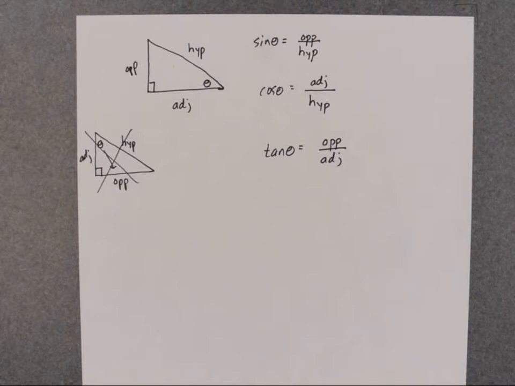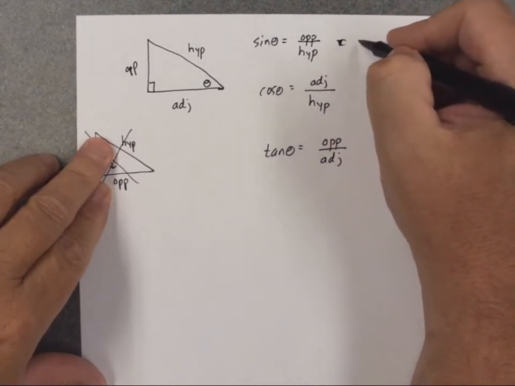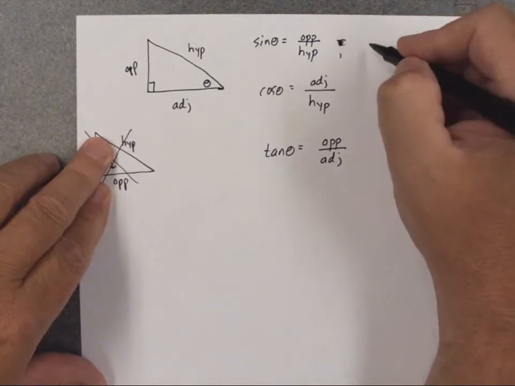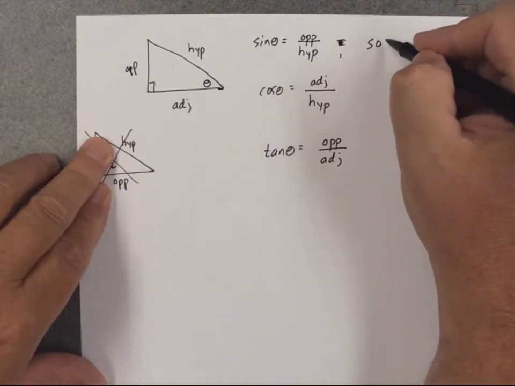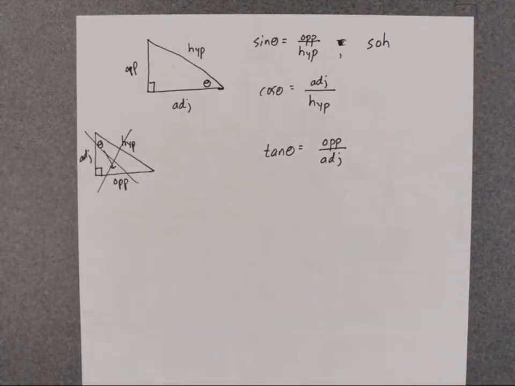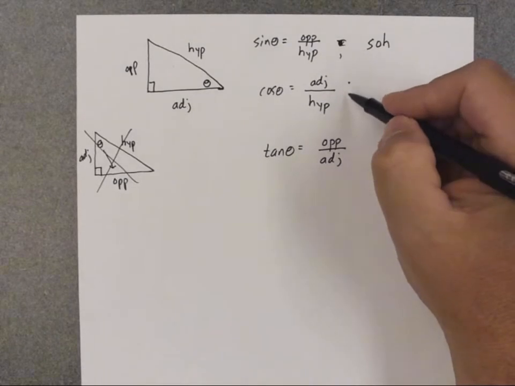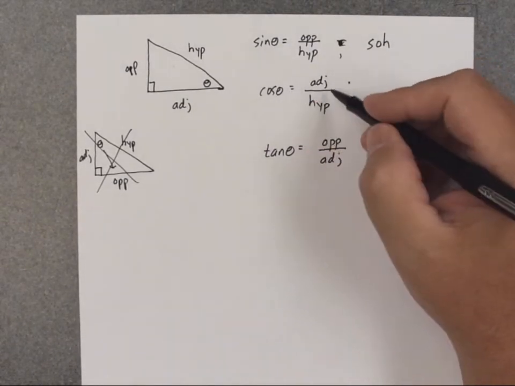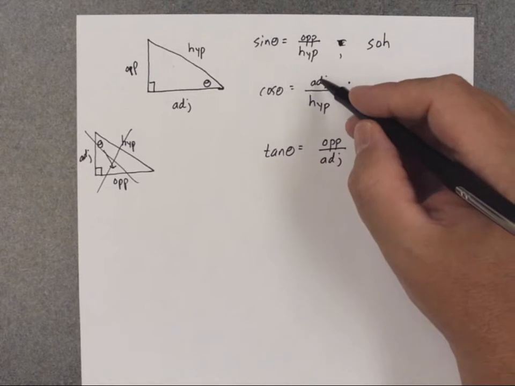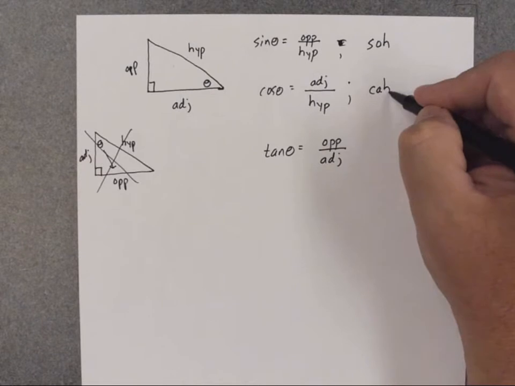Now, one way to remember these, instead of writing out opposite hypotenuse, a lot of times we use the little phrase SOH. SOH stands for sine equals opposite over hypotenuse. In the same way, the cosine, which is adjacent over hypotenuse, we remember as CAH.